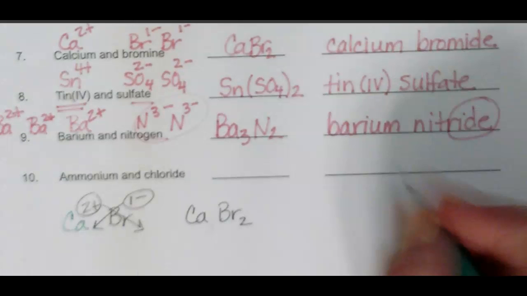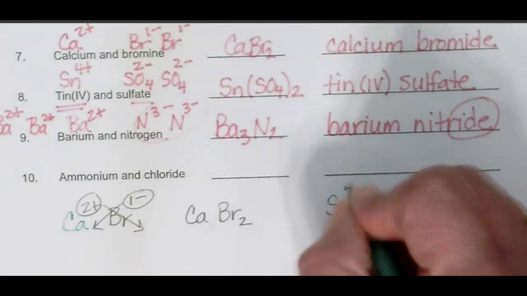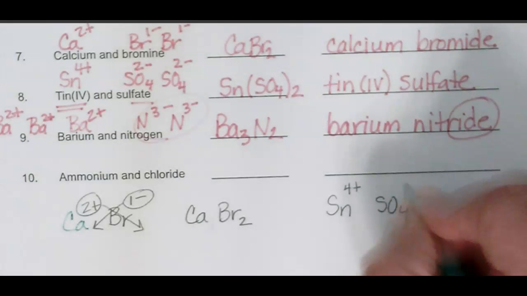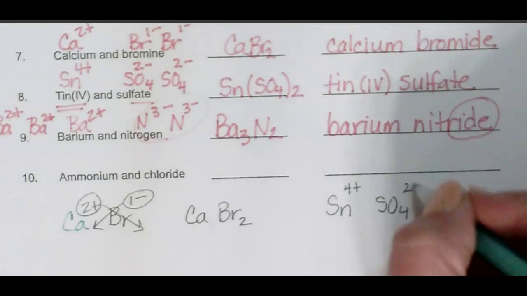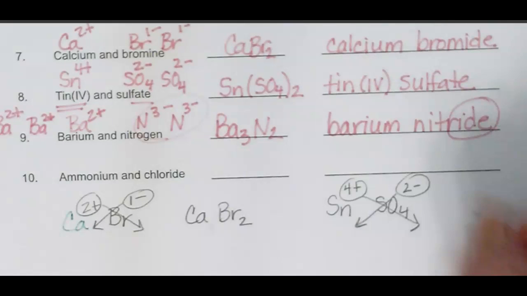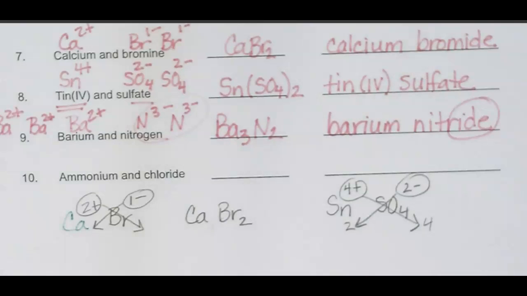Okay, now I'm going to do tin, Sn, it's a 4+, and sulfate, SO4, and it's a 2-. So again, the same thing. So the 4 is going to go here, the 2 here. So I'm going to have, and you could go ahead and write those there, but one of the things that you see on this one is I have a 2 and a 4.